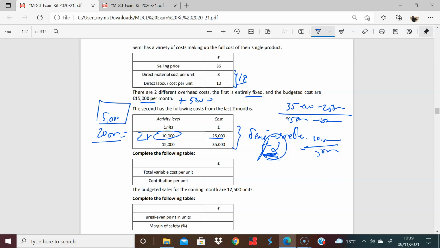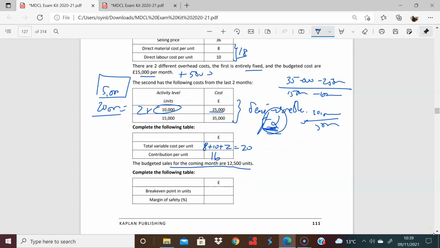So I know that the total variable cost is the 8 plus 10 plus 2, which is equal to 20. And therefore my contribution is 36 minus 20, which is 16. It says the budgeted sales for the coming month are 12,500.